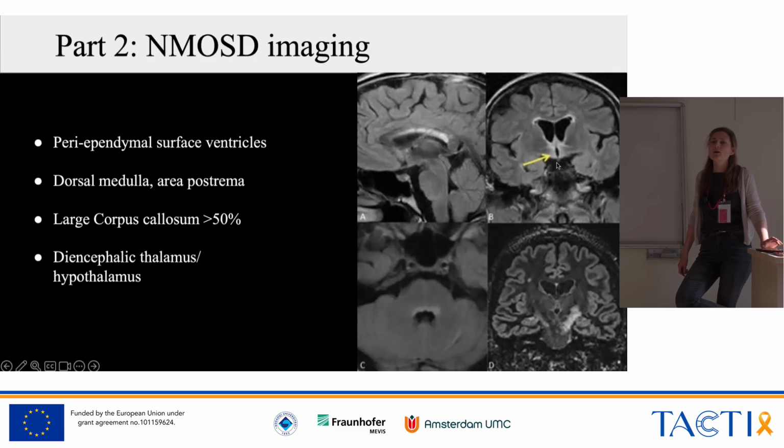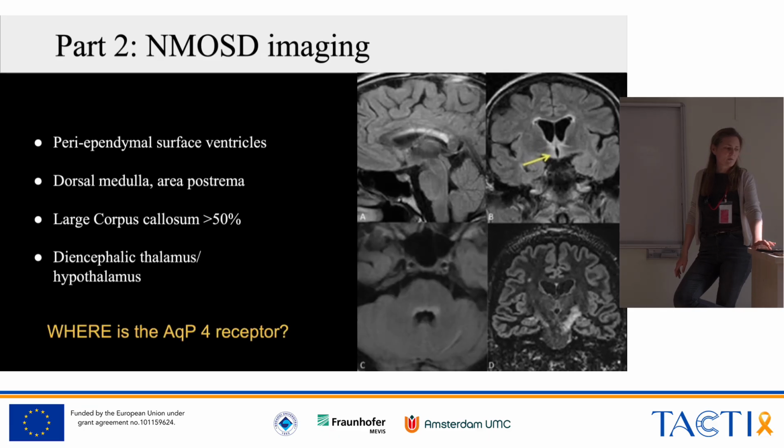If we see a lot of lesion load there, also not really like those ovoid lesions, but more like a longer coverage of lesions around the ventricles, this is very suspicious of NMOSD. Sometimes also following the corticospinal tract in some places. So always ask yourself, where's the aquaporin 4 expressed mainly, and then look if this is the lesion focus.